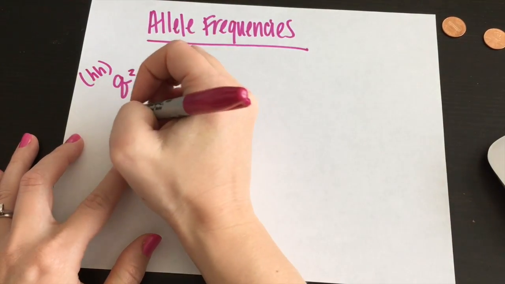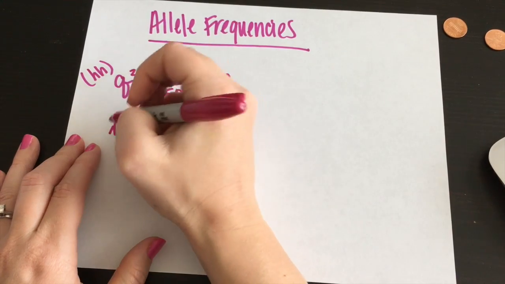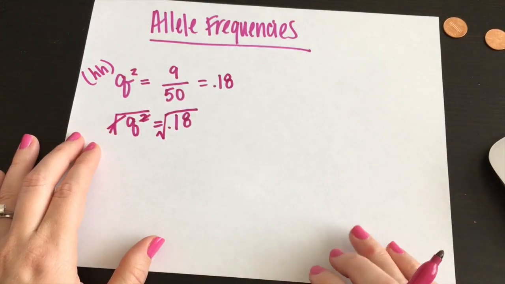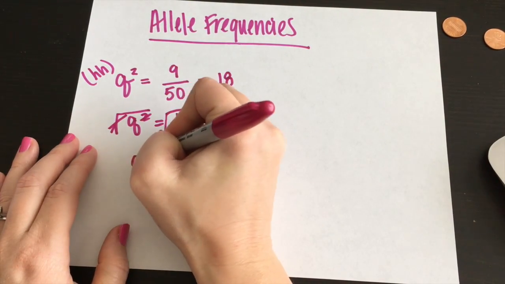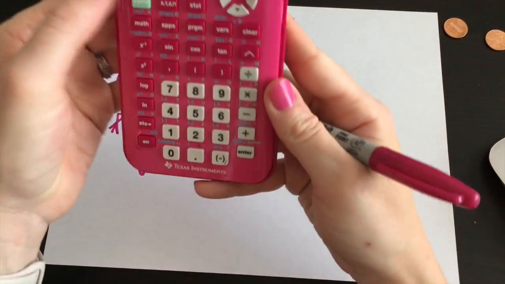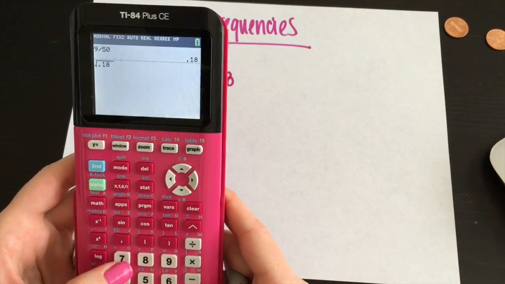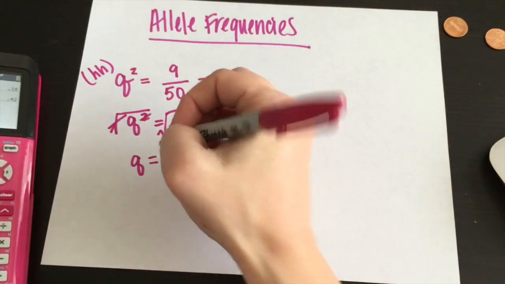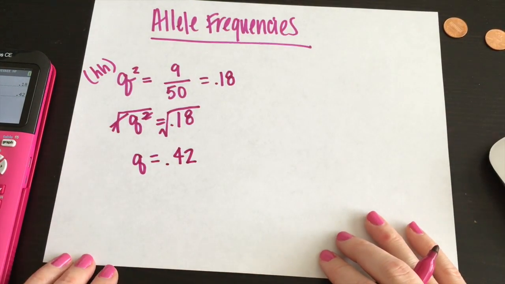So what I'm going to do here is take the square root of this side and the square root of this side. So this cancels with this, right? So that leaves us with q. And then into the calculator, I'm going to do square root of 0.18. And that is 0.42.